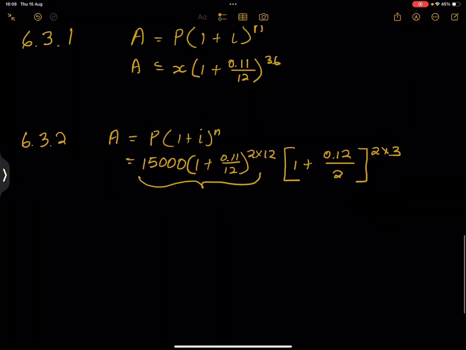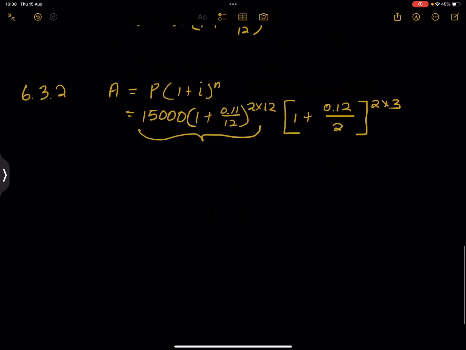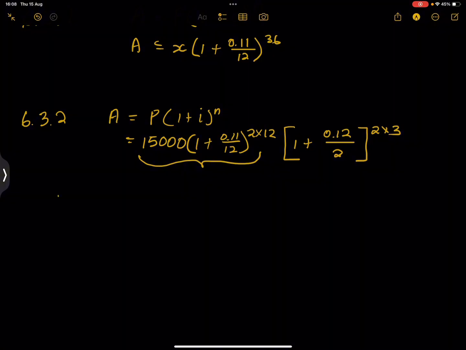And then now let's talk about the amount that was withdrawn. It was withdrawn in year 7. So it's only for 1 year that it stayed inside our account, or rather that it was withdrawn the year before. And this is when the interest rate was 12%. So this is the withdrawal.